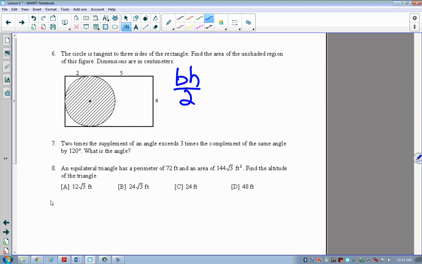Well, in this case, base times height divided by 2 is 144 radical 3, right? Now, find the altitude. Which variable counts as the altitude in this case? Height, okay? So we know we're going to solve for that. But the base is going to be 72 divided by 3, right? That's still going to give me my base. What's 72 divided by 3? 24.